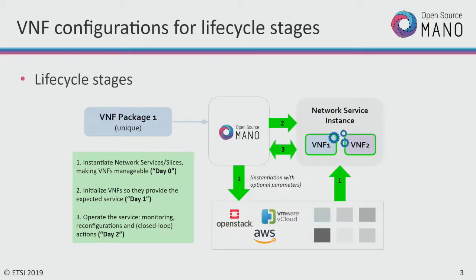And in day 1, the orchestrator again talks with your VNFs or network service instances, and doesn't receive anything, okay? And day 2 corresponds to number 3 in this case. The orchestrator sends an action, and the orchestrator receives whether the action was completed or not. Okay, more or less the difference. You understand? Okay.